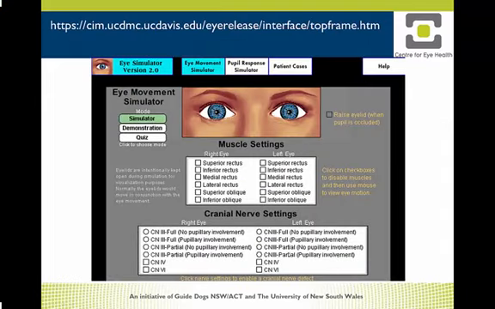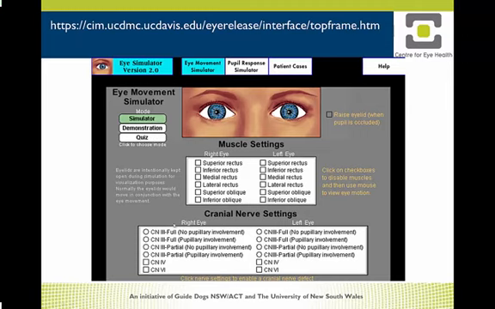Now, I would strongly recommend that you go to this particular website, which is at the University of California, Davis, and look at some of these simulations, to refresh your memory or to look at something slightly different. There are some demonstrations where they explain some of the concepts, and there's also a quiz that you can test your knowledge.